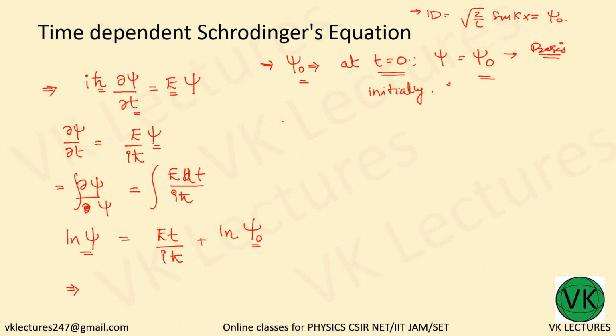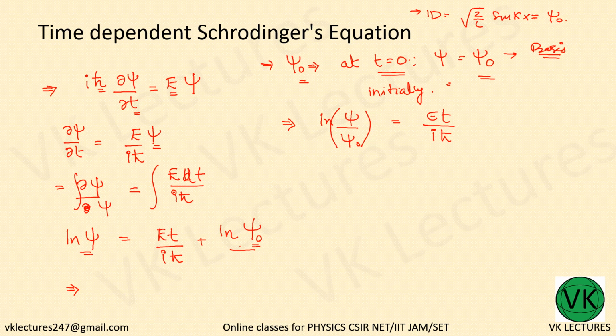Now how we will proceed: we have written log ψ = Et divided by iħ plus log ψ naught. Now bring this to the left: log of ψ divided by ψ naught equals Et divided by iħ.